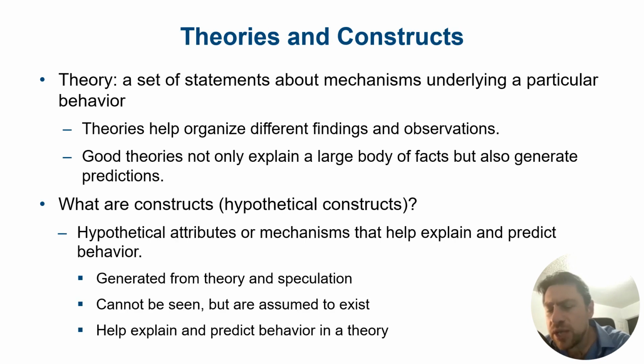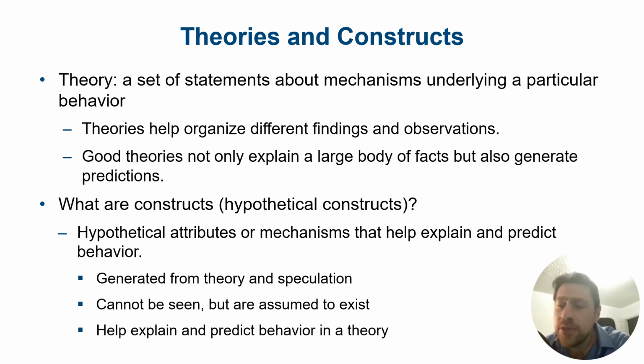Okay, so with those challenges in mind, let's talk about theories and constructs. So science makes progress through the advancement of theories. A theory, in psychology, refers to a set of statements about the mechanisms underlying a particular behavior. Now, theories are important because they are used to organize and to explain the results of psychological studies.